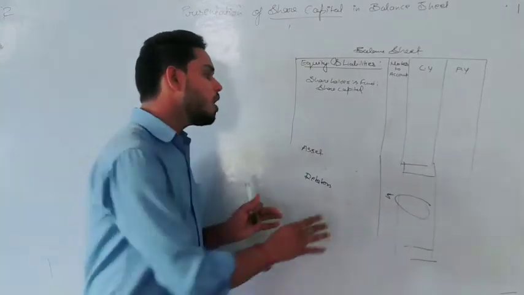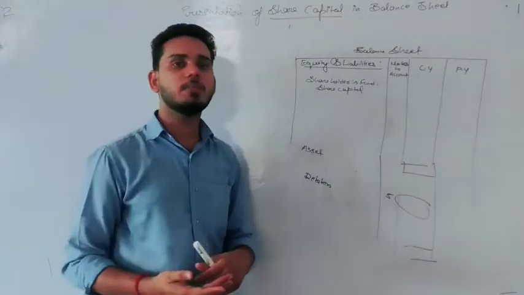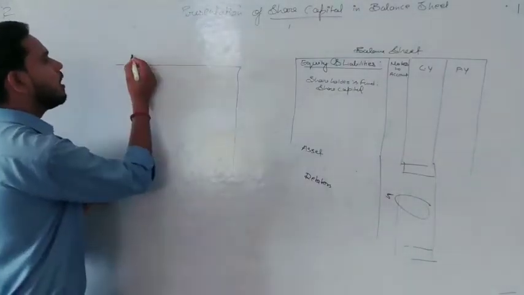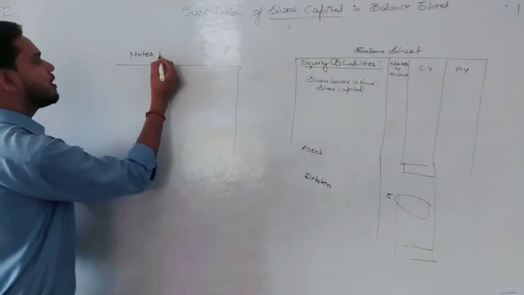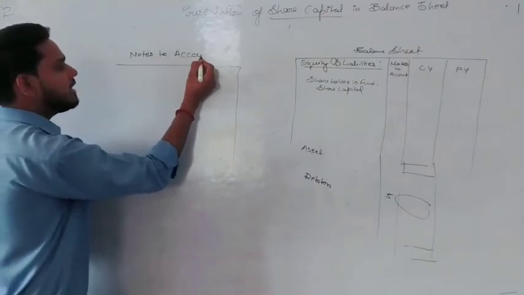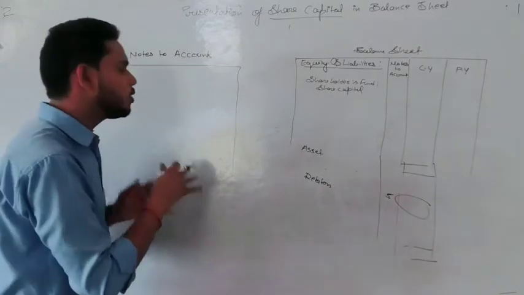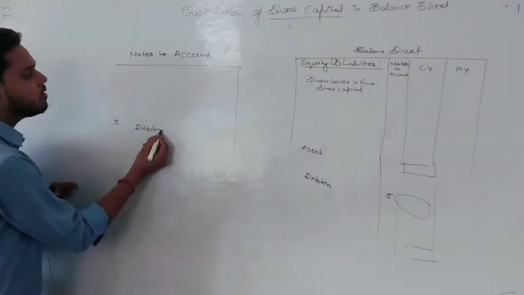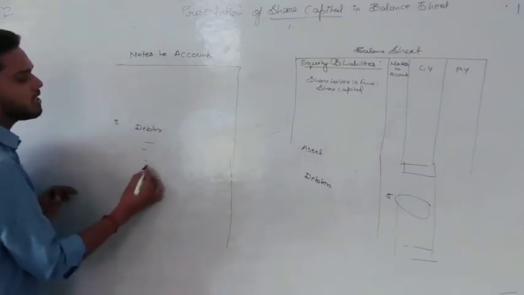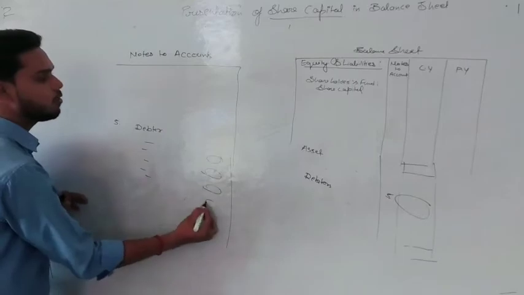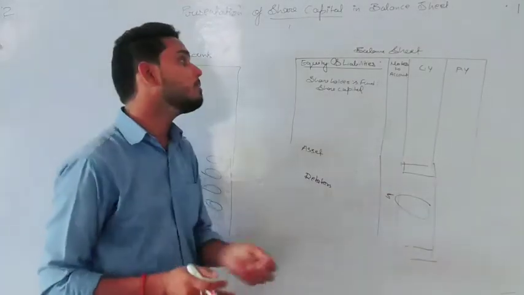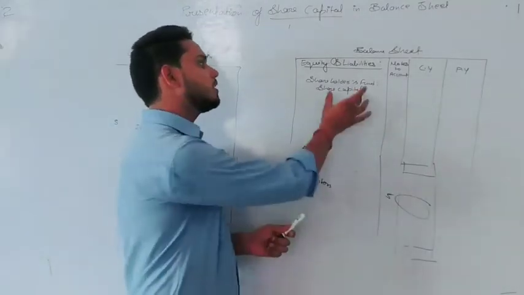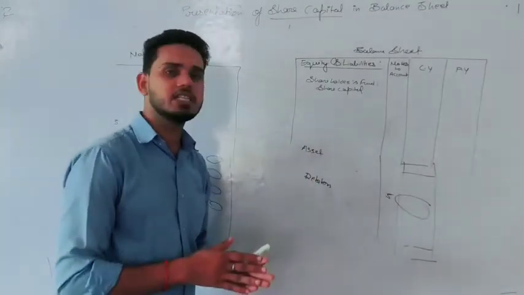If you want to know who are the persons from whom you have to receive in this total amount, you will move to the notes to account, visit note number 5, which is debtors, and in this note it will be written that these persons are our debtors and this much is the amount we have to receive from them. So this notes to account column is a kind of detailed explanation of the term, which is necessary.